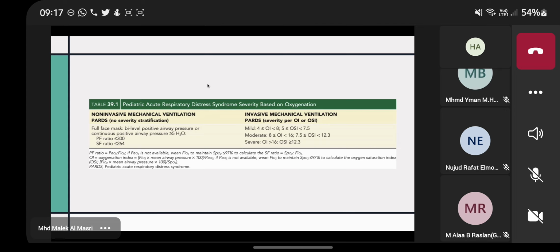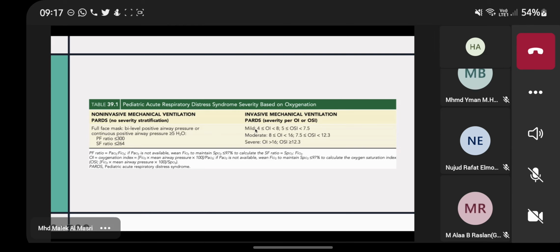If it's less than 300, we need to apply a full face mask with positive airway pressure on both sides, above 5 cm of water, in units of pressure. If the partial pressure of oxygen is not available, we move on to the saturation to FiO2 ratio, which should be less than 264 for a full face mask.